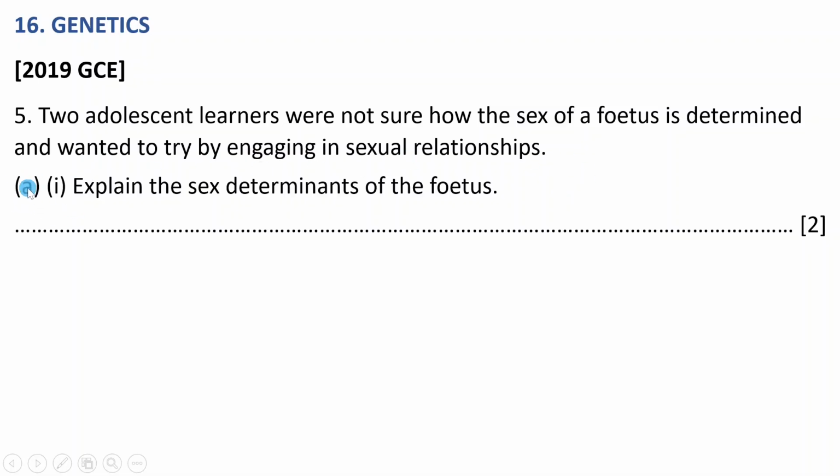So A, Roman numeral 1, explain the sex determination of the fetus.